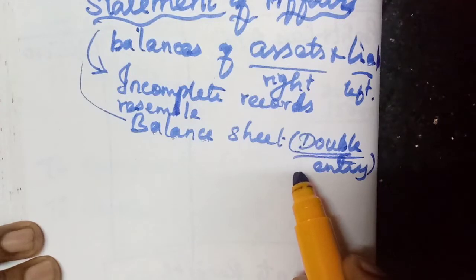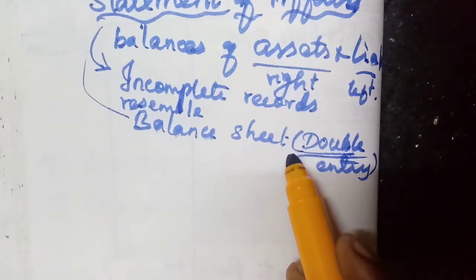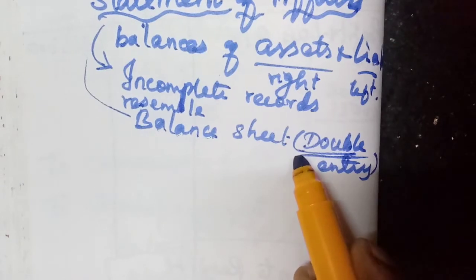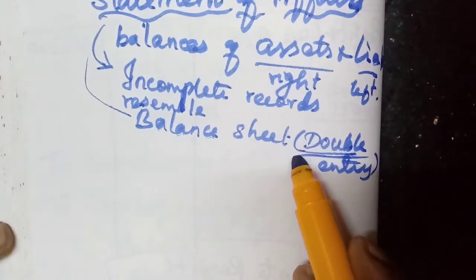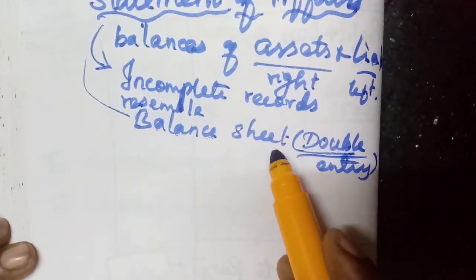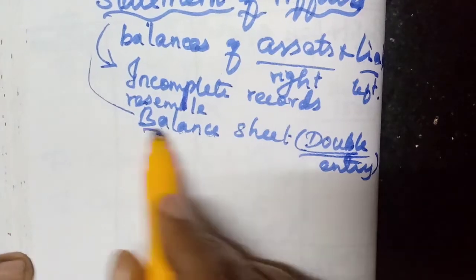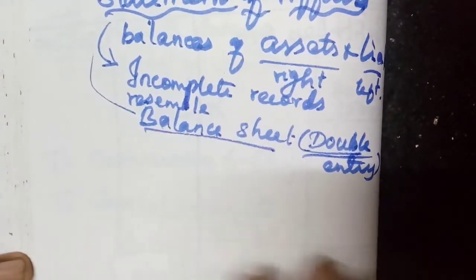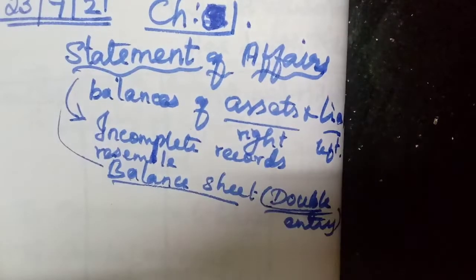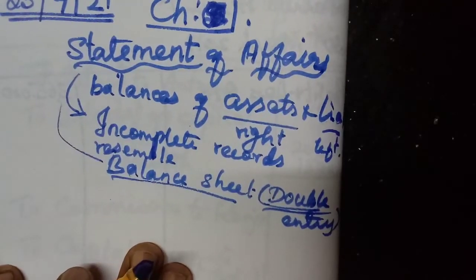Trial balance shows the arithmetical accuracy of entries, because we prepare the journal entries, then ledger accounts, then the ledger balances are given in the trial balance. Then with the help of the trial balance, we prepare the trading and profit and loss account, finally the balance sheet, isn't it? But this statement of affairs is prepared by those who follow the incomplete records.